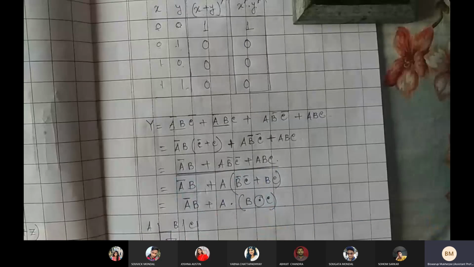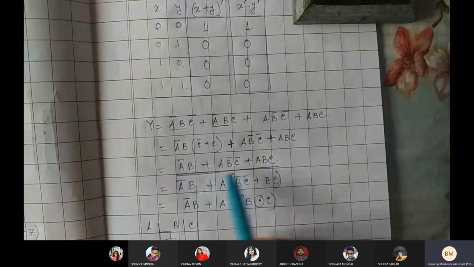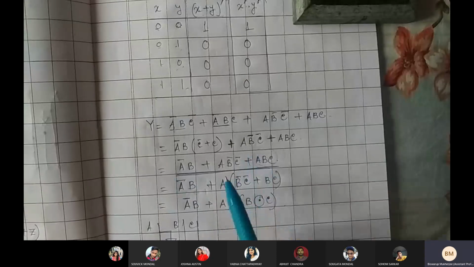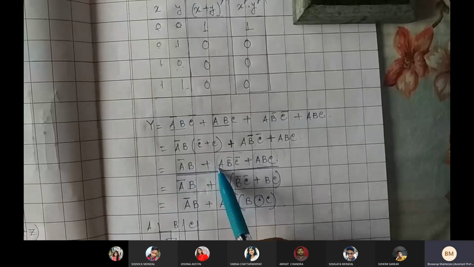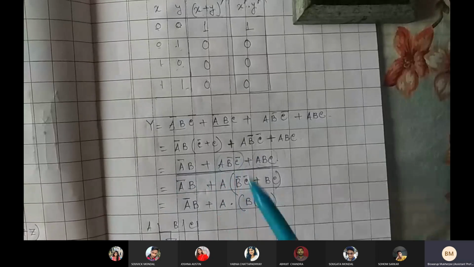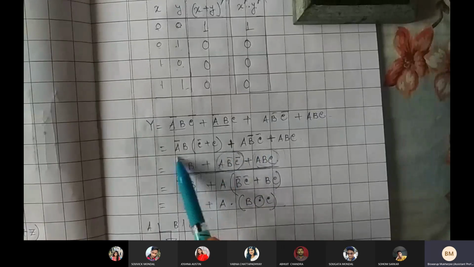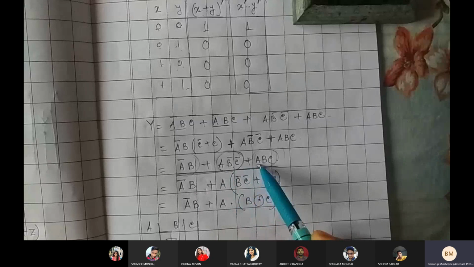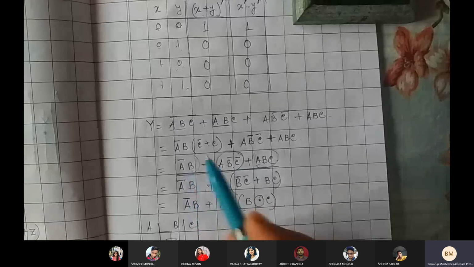Still, the expression would require one AND gate to make this product term. There you will be requiring another AND gate, three input AND gates. So one AND gate here, another there, and one here. So 3 AND gates are required. Among them two are 3 input AND gates and one is a 2 input AND gate.